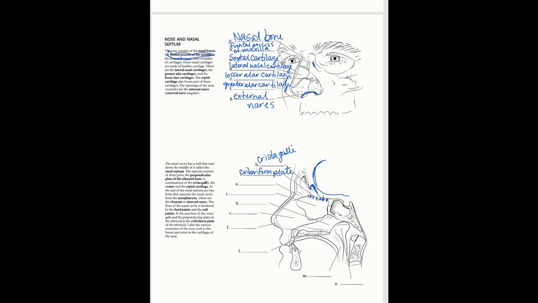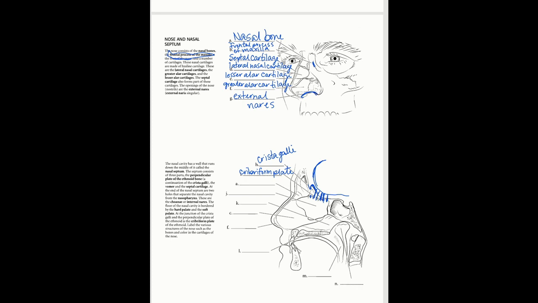It allows connections so that as air makes it into the nasal cavity and chemicals are dissolved into the mucus there, it can cause stimulation and send a stimulus up to the brain, to the olfactory bulbs, so that you can distinguish what you're smelling.